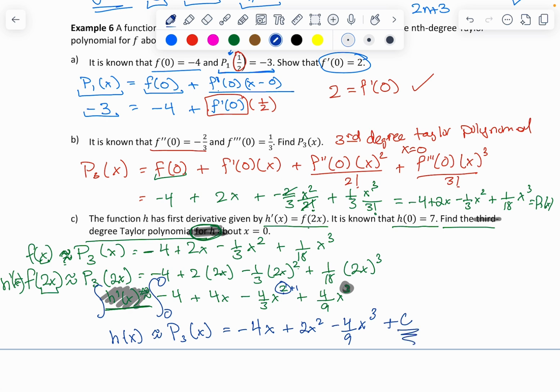So how do we solve for the c? Well, we know that it's centered at 0, but we also know that h of 0 is equal to 7. Okay? So once you plug in 0 for the x's, we know what that h of x is going to be, and that's going to be 7.